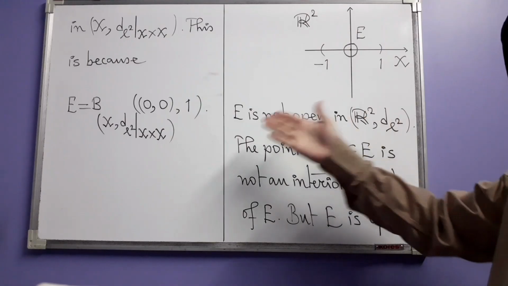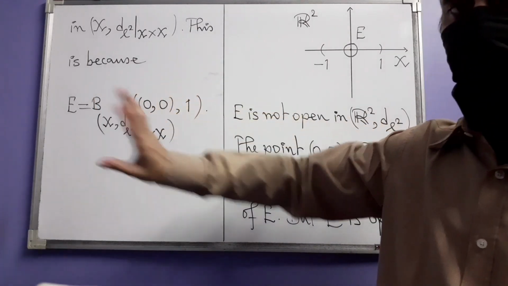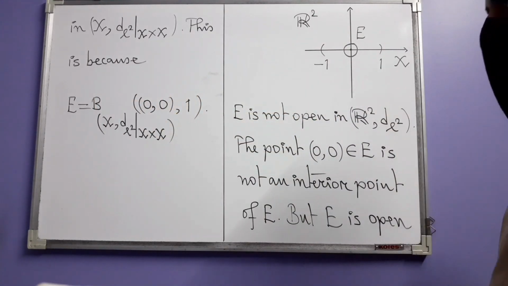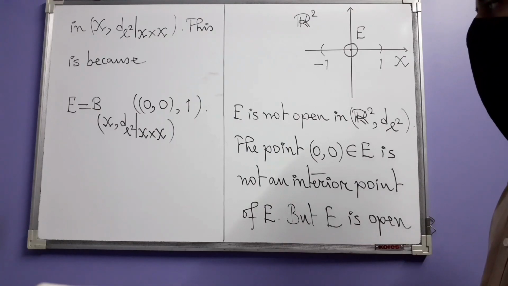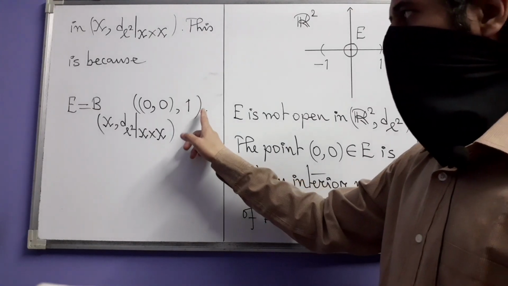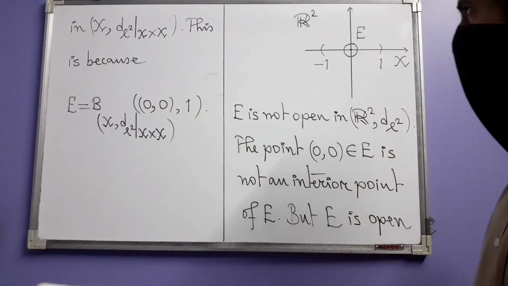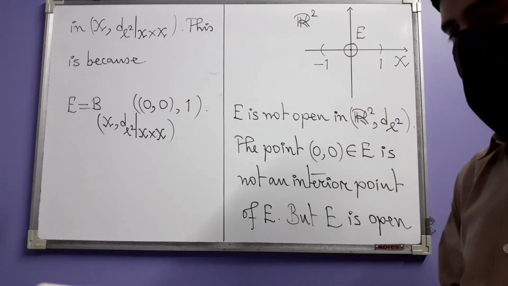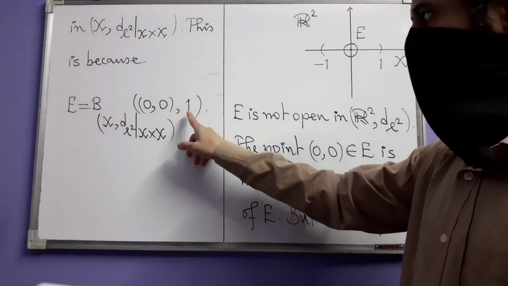Why? Without going into the actual details, you just see here in this figure itself. We are thinking of an open ball whose center is (0, 0) and the radius is 1.